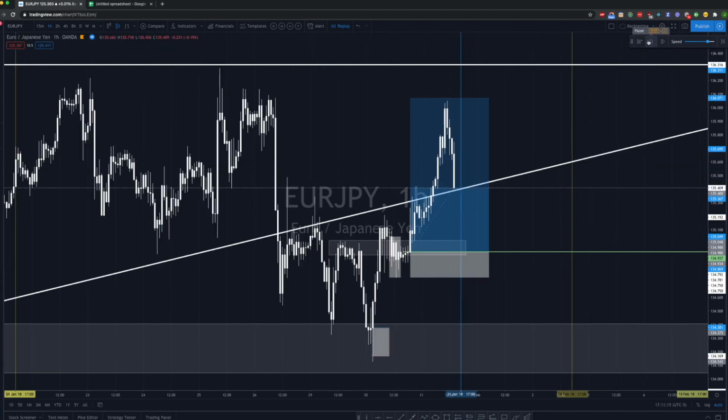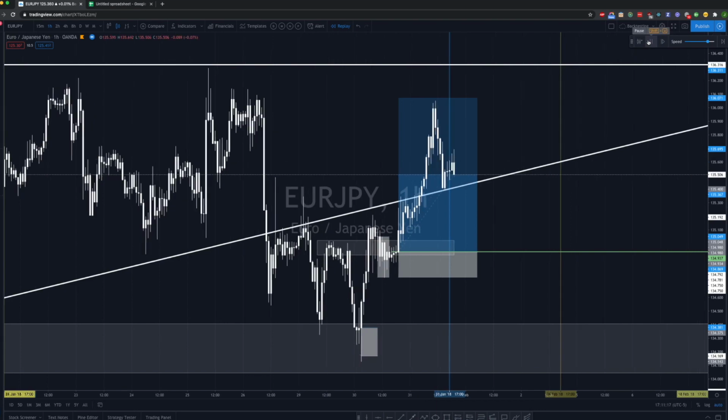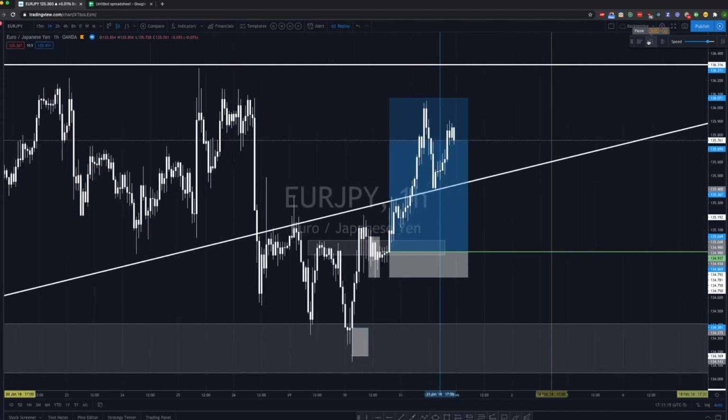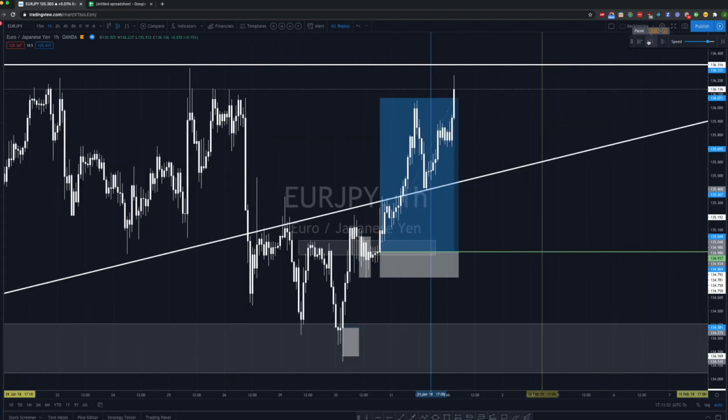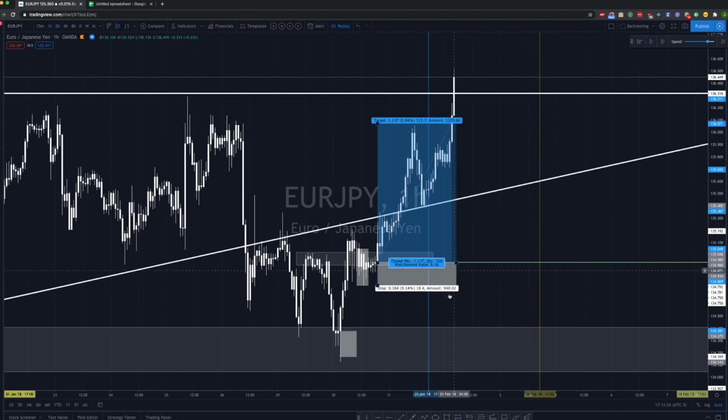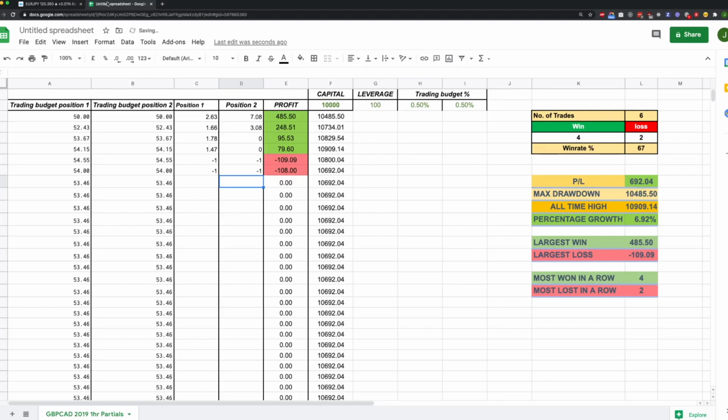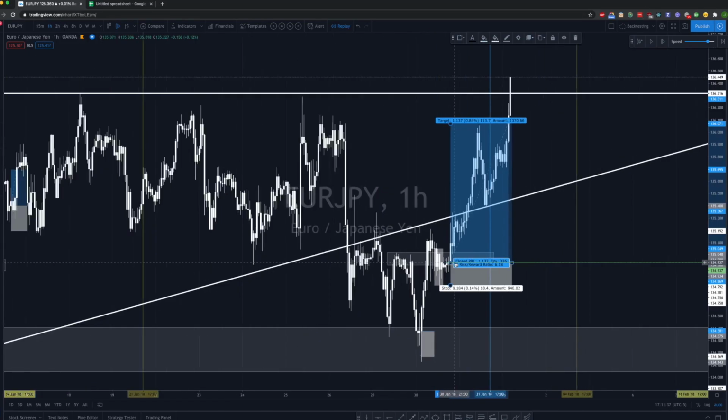Anyway, let's see what happens. Yeah, all right, nice. Cool. So that was final targets hit. So both positions are at 6.18. Okay, so I think that covered off 1 month.